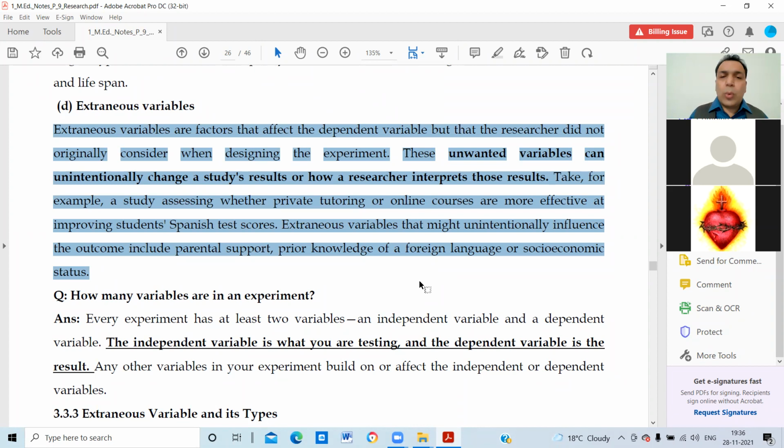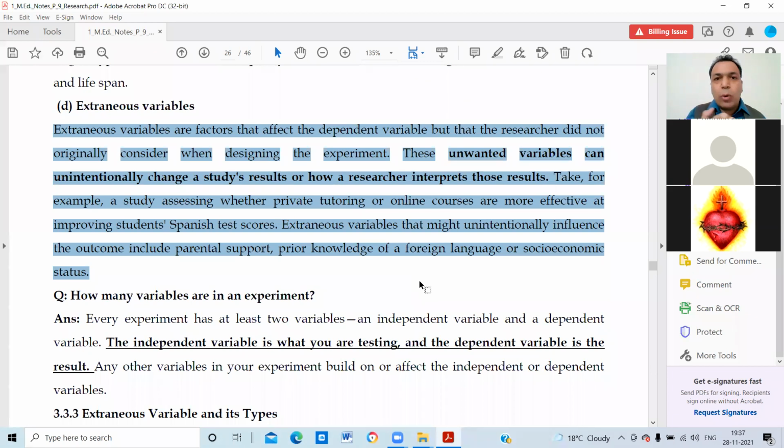So actually what happened? Those 5 or 6 students who got less marks actually belong to a very slum family, a very poor family, and parents are not supporting the student. When the teacher gives homework, the student goes to the school, and the student goes back to the home.